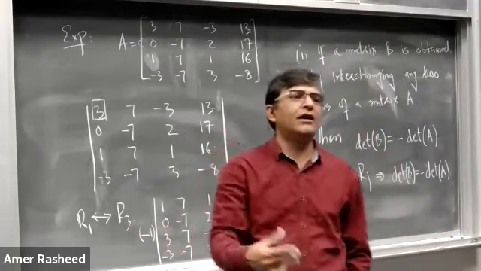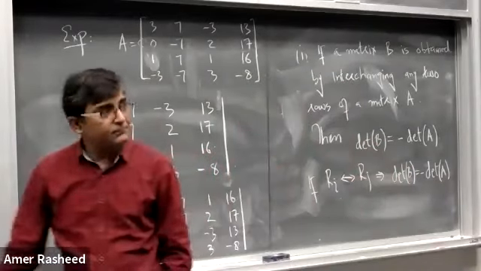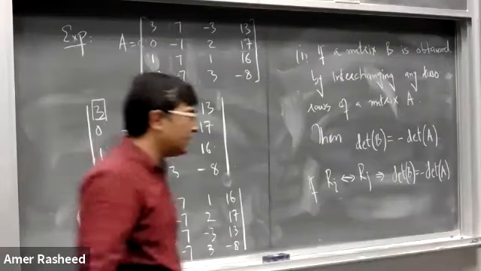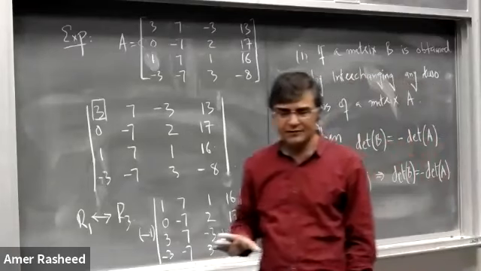So this is how it works. Ji, now any question? So this particular rule is only applicable when we are using these elementary row operations for finding the determinants. Yes. These rules will be applicable only for the determinants.